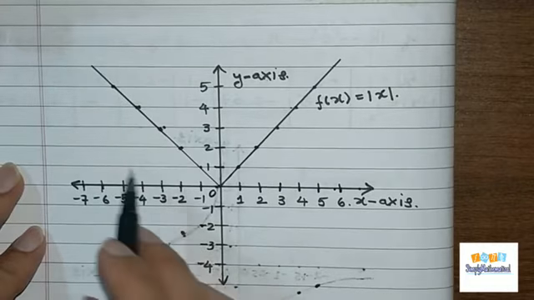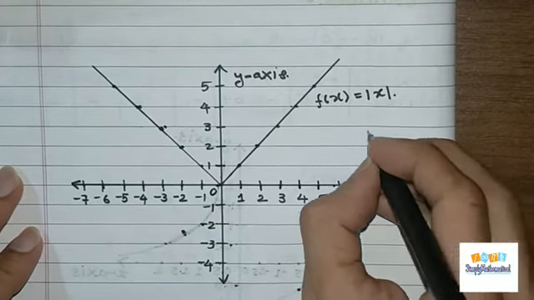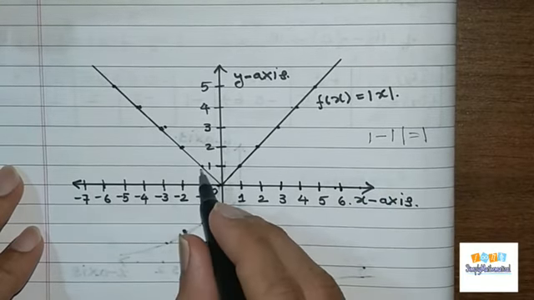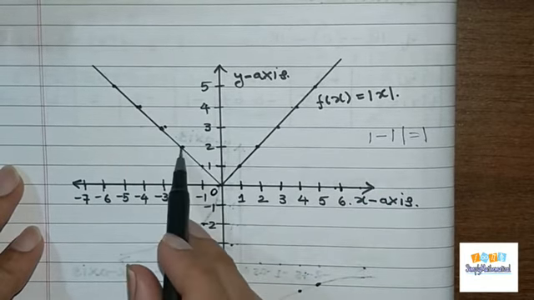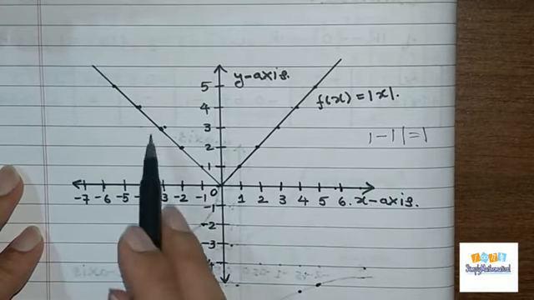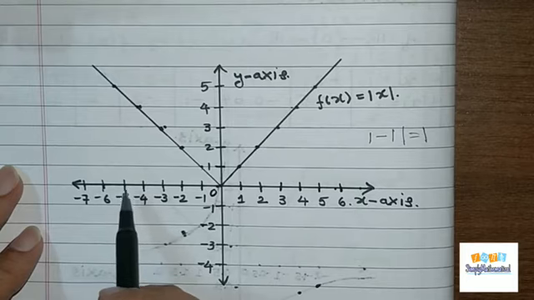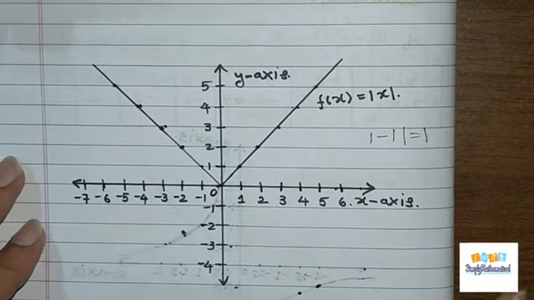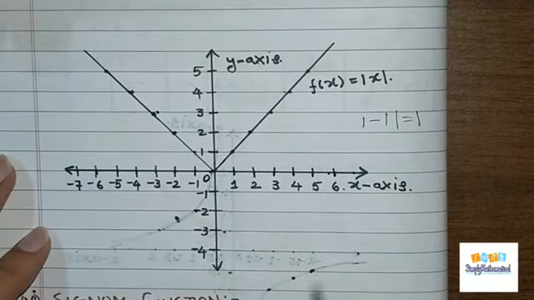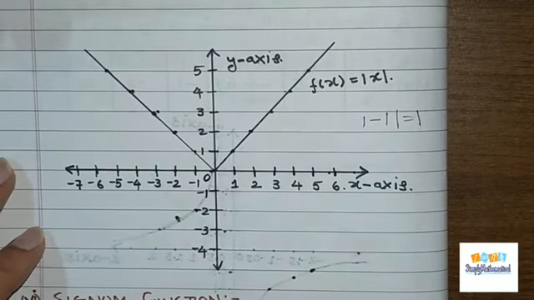Then on the left hand side, mod of -1 is 1, so -1 will go to 1. Similarly, -2 will go to 2, -3 will go to 3, -3.5 will go to 3.5, -4 will go to 4, and so on. So we will get a line in this way. The graph of the function is this.